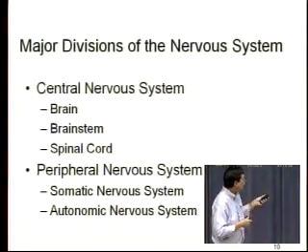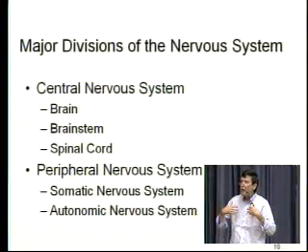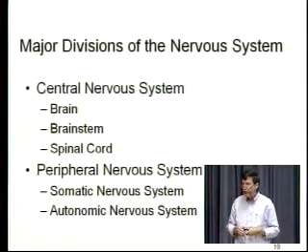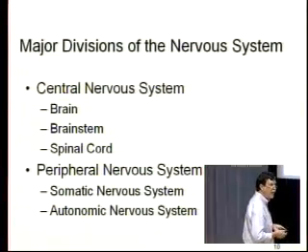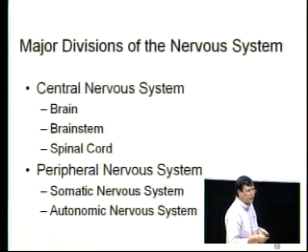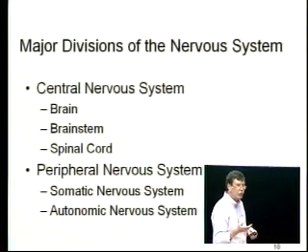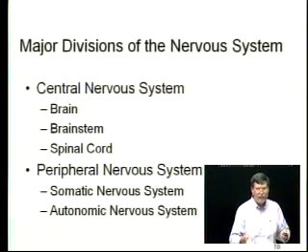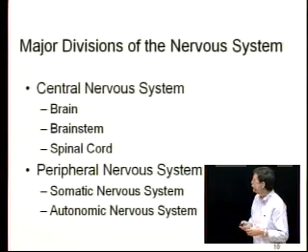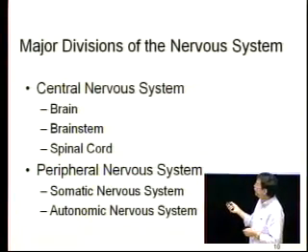The somatic nervous system also consists of all the efferent nerves that run out from the central nervous system to the skeletal musculature. And then we've got the autonomic nervous system, which consists of nerves that run to and from the internal organs. The lungs, the heart, the spleen, the liver, all that stuff is known as the autonomic nervous system. Okay? Major division, central versus peripheral.